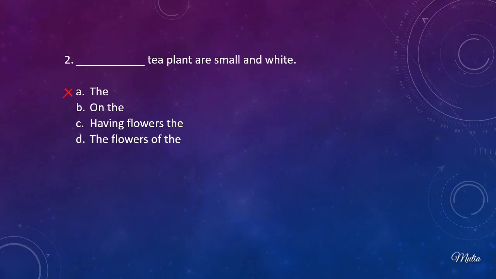It is incorrect. C. Having flowers the tea plant. Incorrect. D. The flowers of the tea plant. Correct answer because the flowers is plural noun and the verb are is also plural. So, the complete sentence is the flowers of the tea plant are small and white.